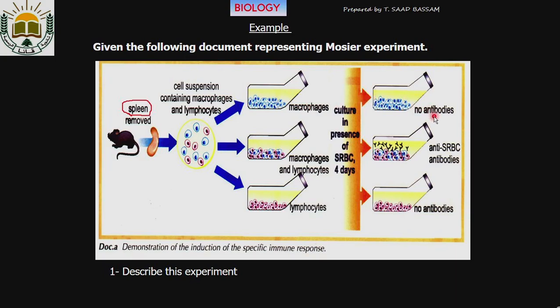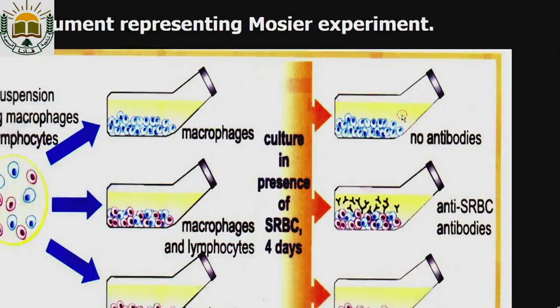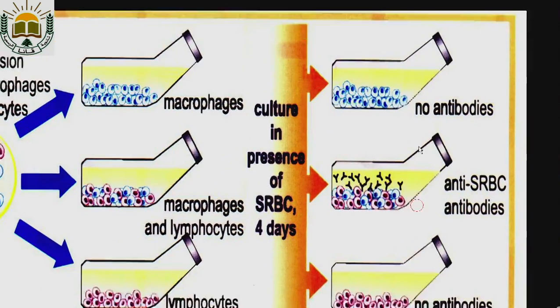We do not obtain antibodies in the first container. We obtain anti-SRBC antibodies in the second container. And we do not obtain antibodies in the third container. Good. So, this is the first container, no antibodies.